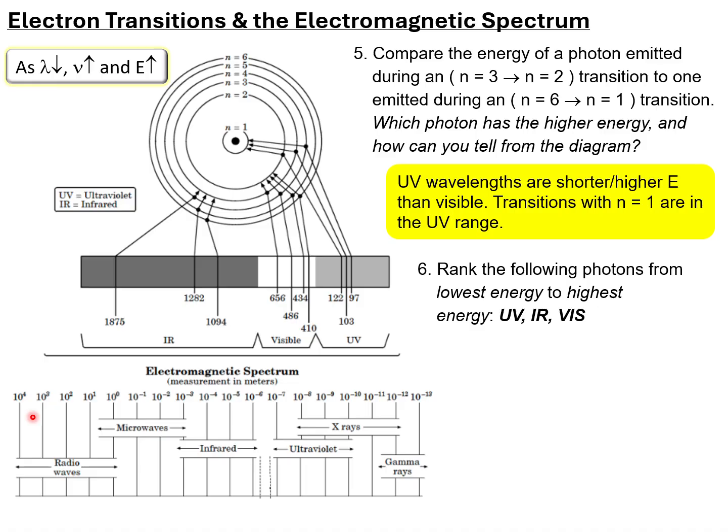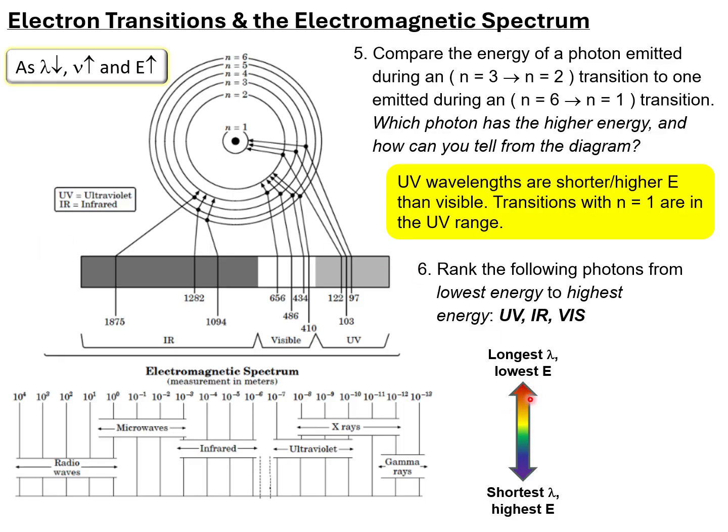Then we want to rank the following photons from lowest energy to highest energy. We have UV, IR, and Vis. Just looking up here, we see as the wavelength gets shorter and shorter, the energy is going up. Here's a little diagram, and I've got the colors.